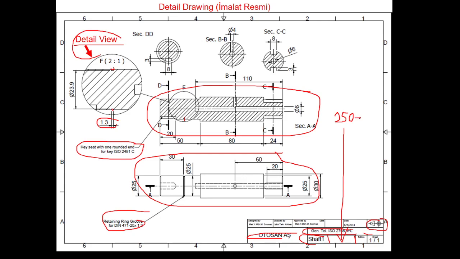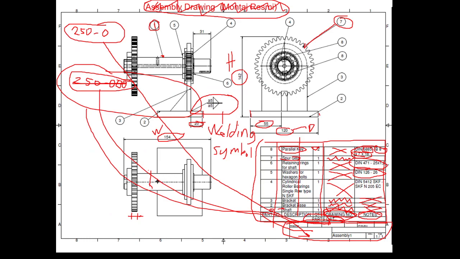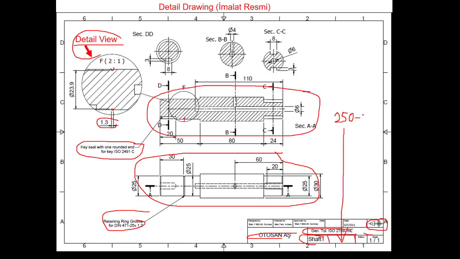Then put a dash, and have a look at the assembly drawing and see the ID number of the component. For the shaft, it is 1. Then after the dash write 1.